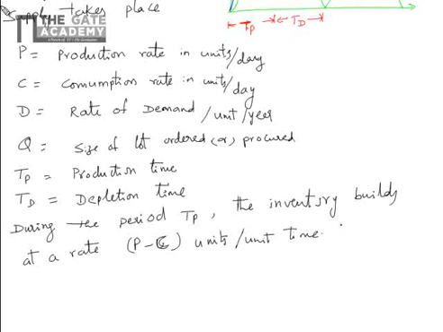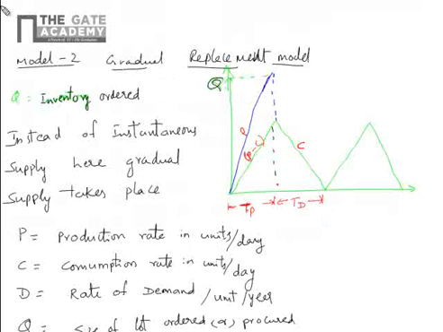After TP, inventory depletes at a rate of C. That's what we have shown in the diagram. In the production phase it is producing at the rate of P as well as consuming, so the resultant is shown as P minus C. After the production phase is over, in the depletion phase only consumption will be there. There is no production in that place.